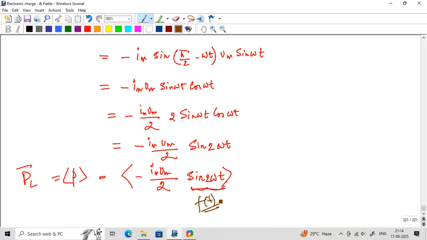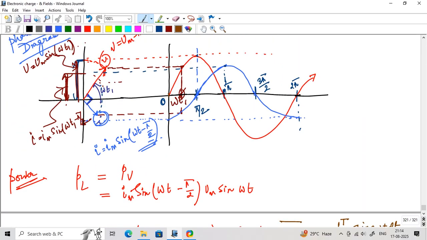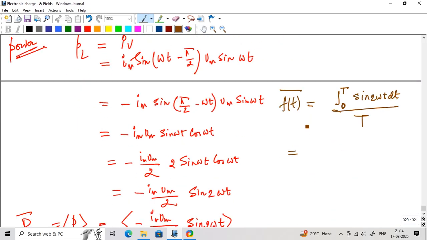So the full cycle integral, the bar representation is the mean, is equal to the integral from 0 to T of sine twice omega t dt, divided by T. This full length is T, the full cycle, so that is 1 by T.